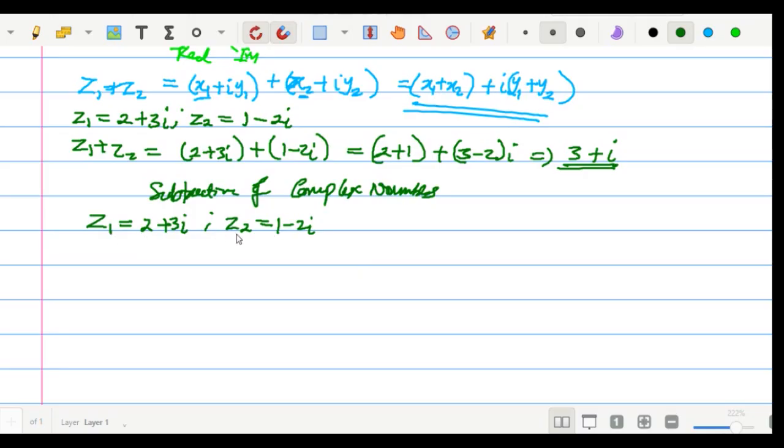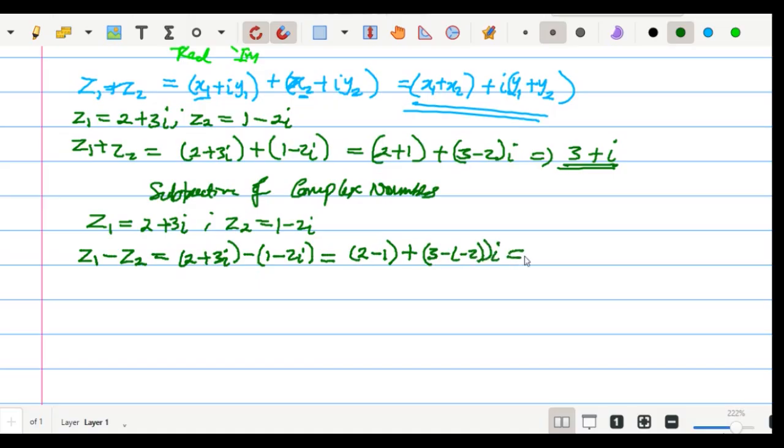So subtracting these two complex numbers, that is z1 minus z2, we are going to have 2 plus 3i minus 1 minus 2i, which is subtracting the two real numbers, 2 minus 1. Then we have plus this imaginary number subtracting this imaginary number, 3 minus 2i. So what we are going to have here is 1, then this minus is plus 5i. So this is our answer.